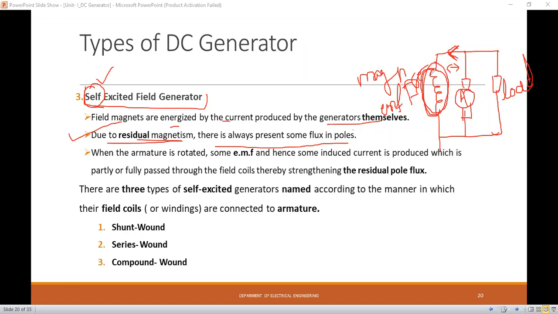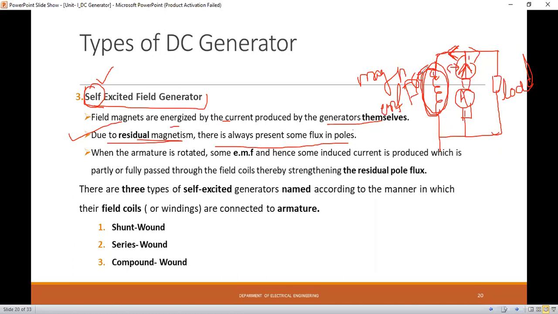Once the field winding is excited and the armature of the machine is rotated, it induces some current. Okay, त्याच्यामुळे तो काय करेल, एक EMF किंवा induce some of the current, it will be induced, and some amount of current will be flowing through the load side, and some amount of current will be flowing through the field winding. So that means जनरेटर मध्ये जनरेट होणारा जो काही करंट असेल, so from that current the field winding can be excited.